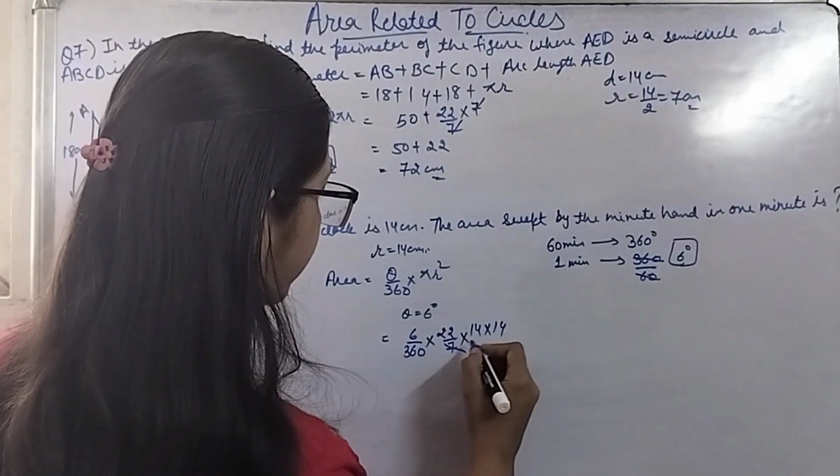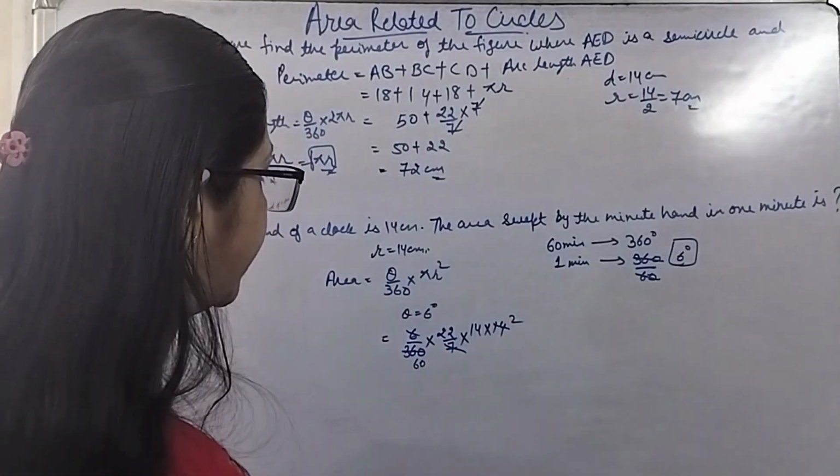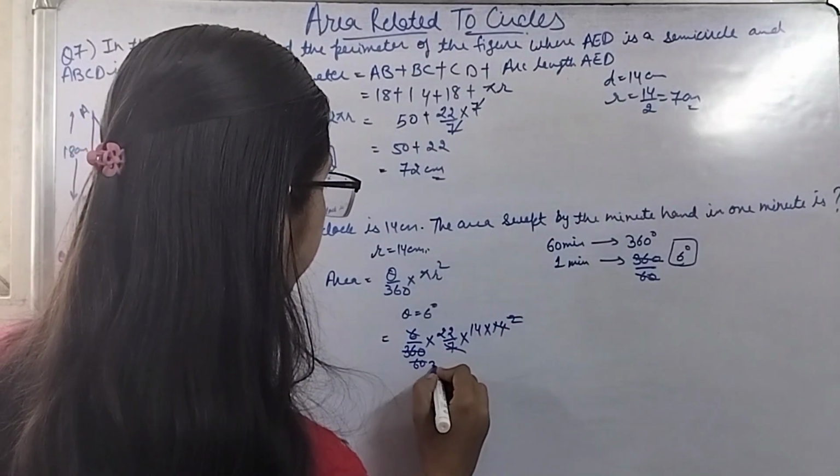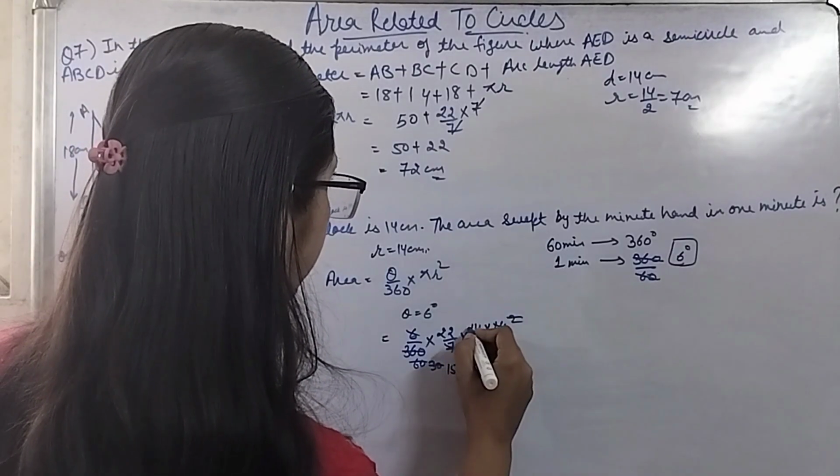Now, if I solve it further, 7 2s are 14, 6 is 36, it is 60 times, 2, 30 times, then again 2, 15 times.